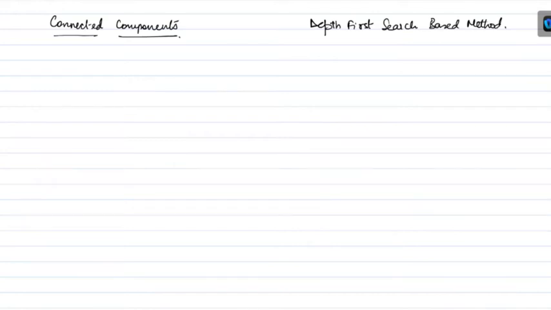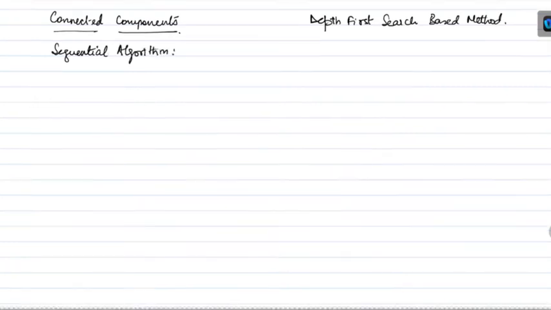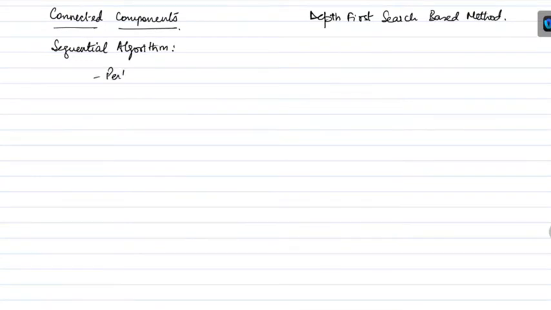So let's first look at a sequential algorithm, right? How would a sequential algorithm work? One simple way is that you perform a depth first search, a DFS traversal on the whole graph. So what's the outcome of a DFS traversal on a graph?